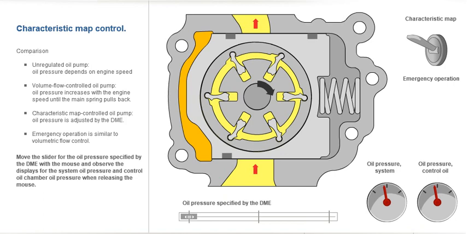You can try out the characteristic map-controlled oil pump again here. You can specify the oil pressure set by the DME using the slider. To do this, move the slider for the oil pressure specified by the DME with the mouse and observe the displays for the system oil pressure and control oil chamber oil pressure when releasing the mouse.